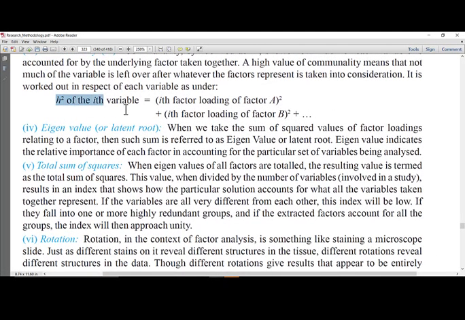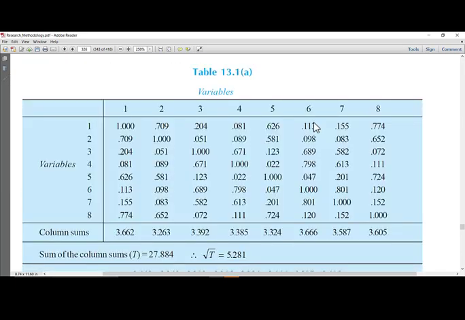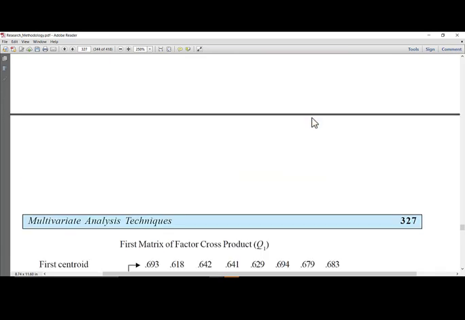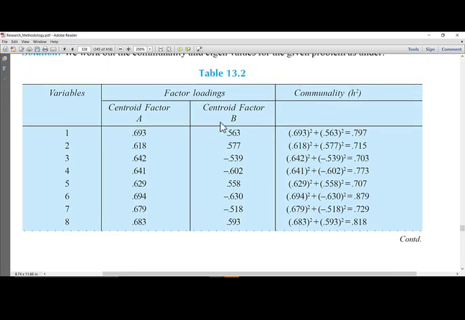H square of the ith variable is the ith factor loading of factor A square plus the ith factor loading of factor B square plus etc. And now if we apply that concept here, as there are two factors, A and B, h square for the first variable is the factor loading corresponding to factor A, 0.693 square, plus the factor loading corresponding to factor B, 0.563 whole square.